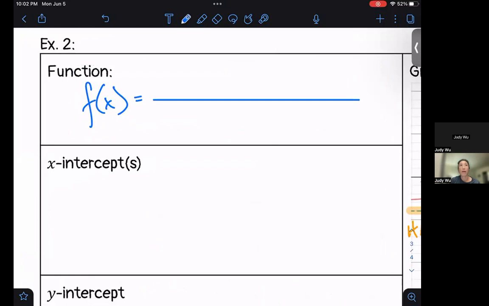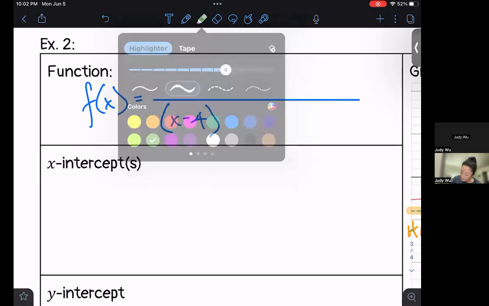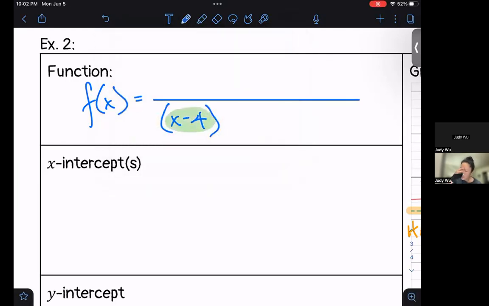And I want to think about what I already know. I already know that I have an x minus 4 from the vertical asymptote on the bottom, okay? I also know that I have x minus 2 as a factor in the numerator and the denominator.